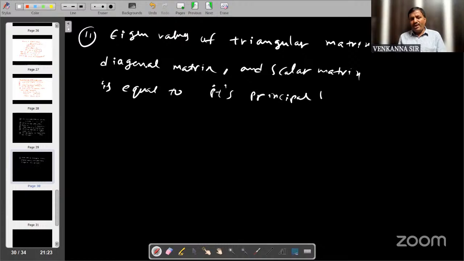Principal diagonal elements, a very, very important property. Eigenvalues of triangular, diagonal, scalar matrix are the principal diagonal elements.